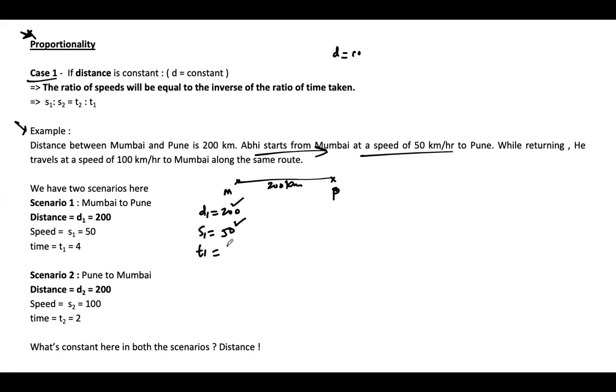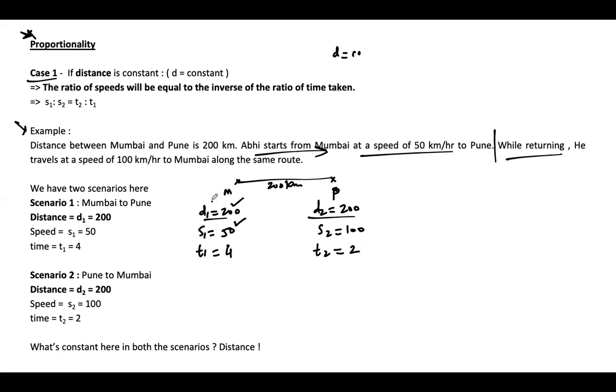Speed equals distance upon time, so you need to find time: distance upon speed. This is 4. While returning, he travels at a speed of 100 kilometers per hour to Mumbai along the same route. That means what is constant? Distance is the same. Time is distance by speed, which is 2.